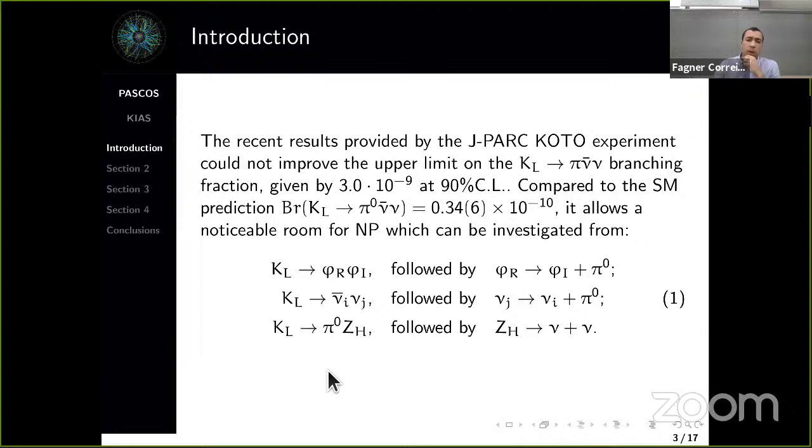You can study the same process now with fermions instead, where a massive neutrino decays into active neutrinos plus pi 0, and also a light vector. The light vector is produced on shell and further decays into a neutrino pair.